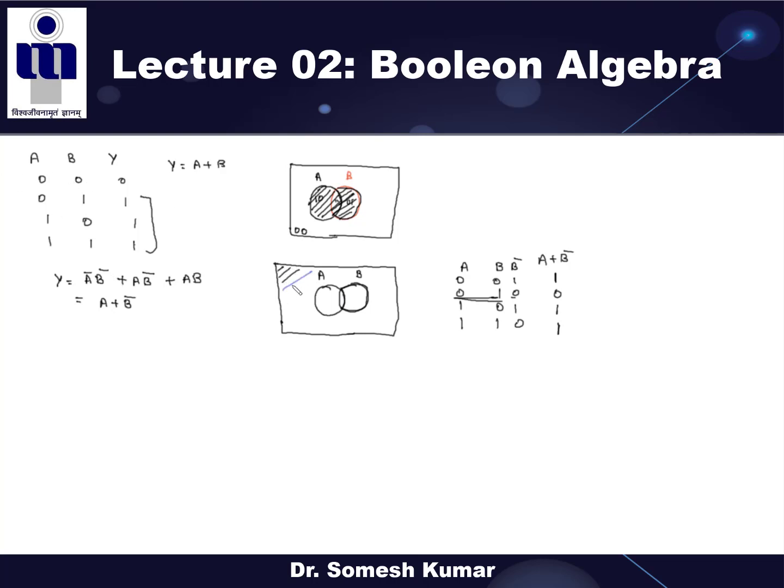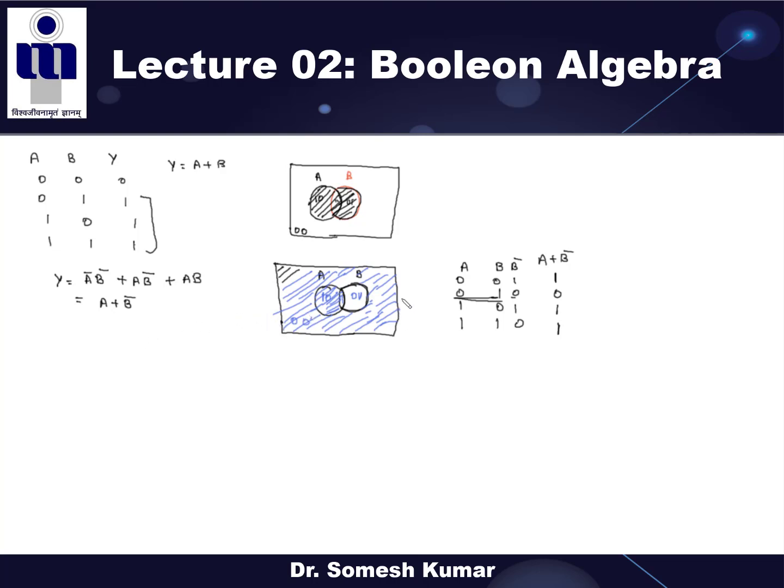Understand? I can say all the area except this. Right? Any doubt? This is 0 1, no? This is 0 1. Right? This is 1 0. This is 1 1. And this is your 0 0.